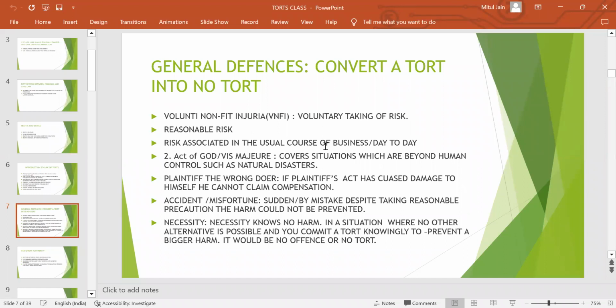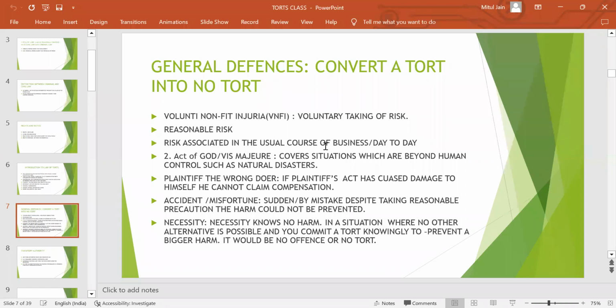So suppose you were in Goa and suddenly a tsunami comes and you suffer some damage, for example certain injuries. Can you claim any compensation from the hotel owner or from anyone where you were staying? The answer is no.